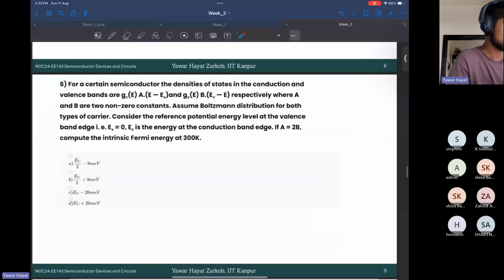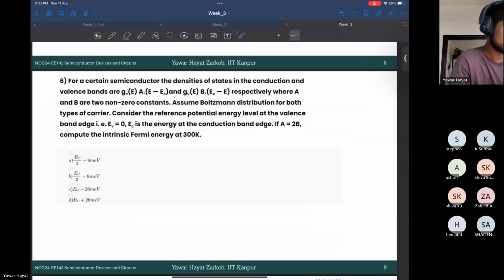Now, for a certain semiconductor, the density of states in the conduction and valence bands are Gc of E equal to A times E minus EC, and Gv of E equal to B times EV minus E, respectively, where A and B are non-zero constants.